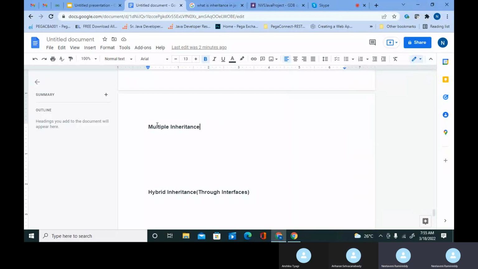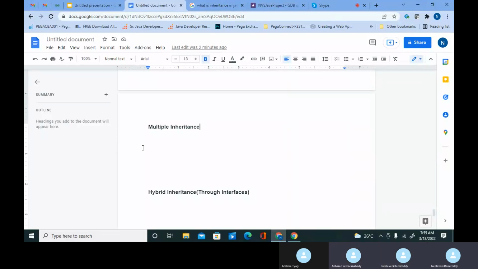But multiple inheritance is where a single class extends or implements more than one class or more than one interface. Multiple inheritance is not possible with classes, so with the help of interfaces we implement more than one interface, and through that we achieve multiple inheritance.